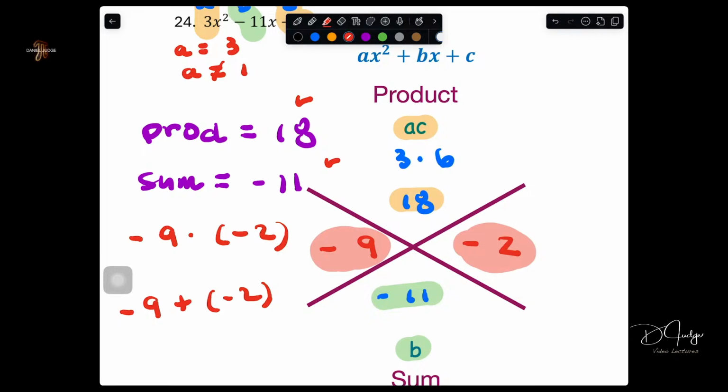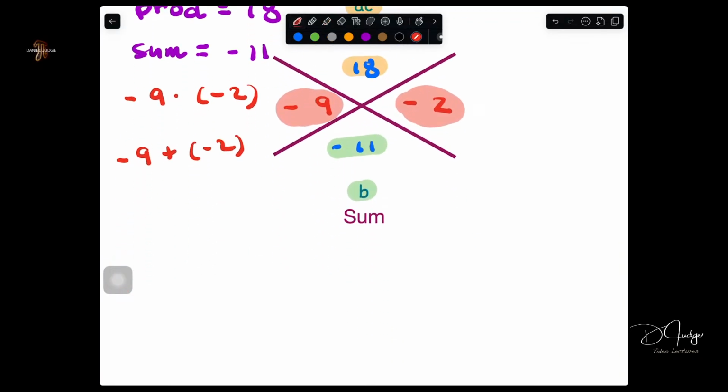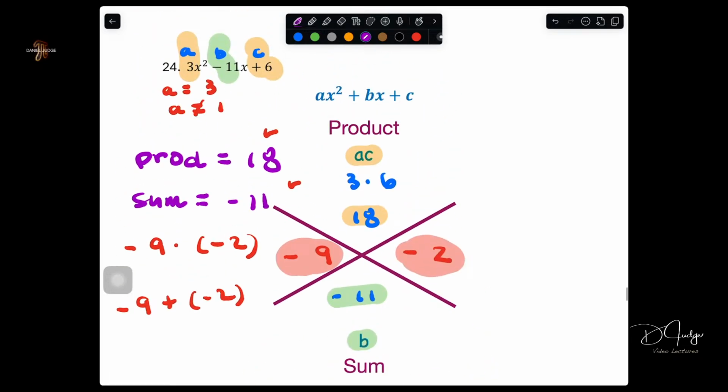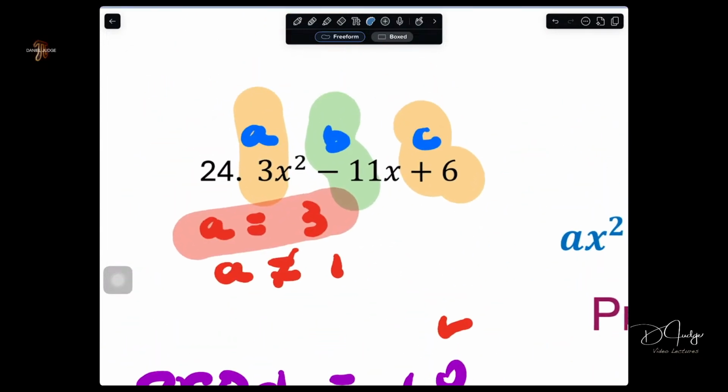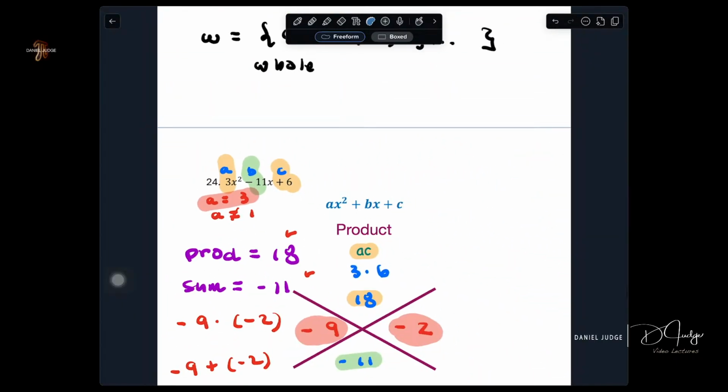All right. So we would have been done if A was 1. A is not 1, ladies and gentlemen. A has the value of positive 3.